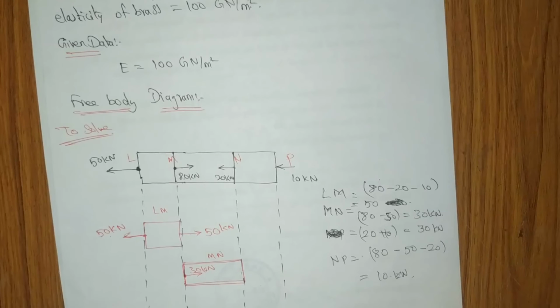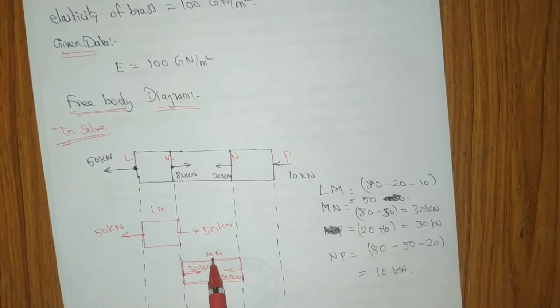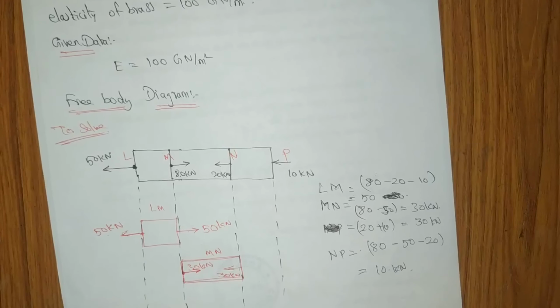So for the entire MN bar, the value is 30 kilonewton.